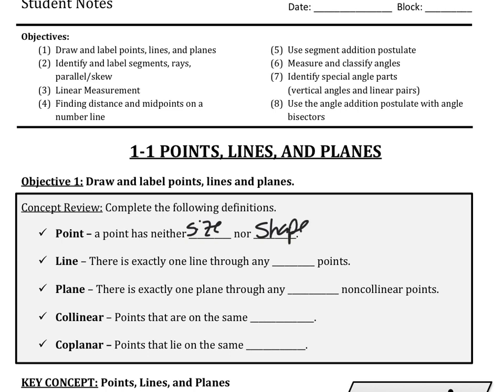A line, there's exactly one line through any 2 points. A plane, there's exactly one plane through any 3 non-collinear points. That's the key, so they can't all be on the same line. Collinear, points on the same line. And coplanar, points that are in the same plane.